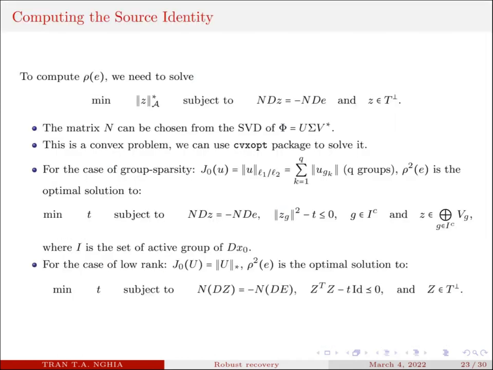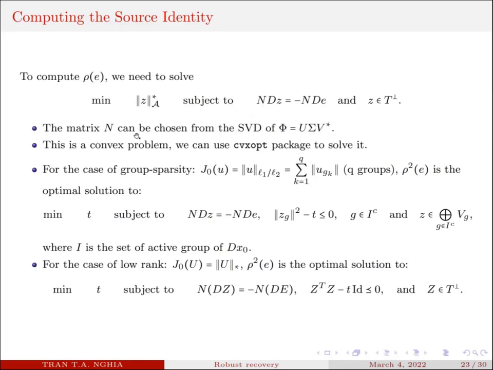All right, so here I just want to mention a little bit about how to compute the source identity. Again, the optimization problem we want to solve is right here. The information first is about N. So how can we find N?